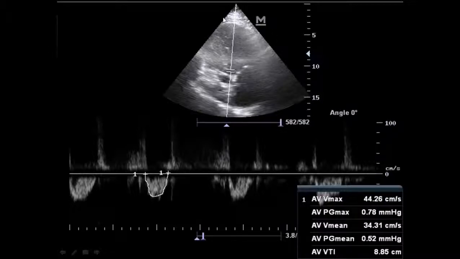It is blood moving away from the probe, so it will appear below the baseline. You can consider this VTI as the stroke volume of the patient, which is here 8.85 centimeters.